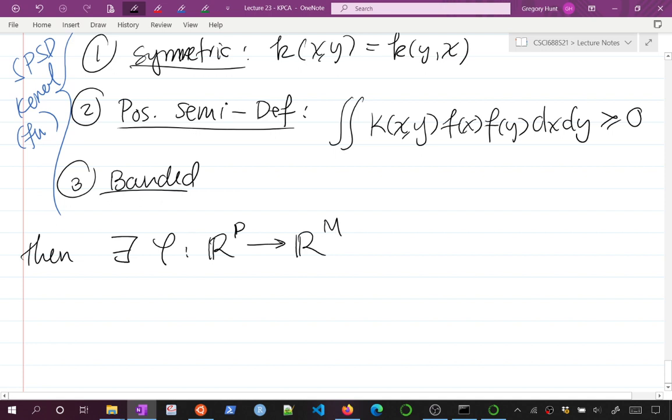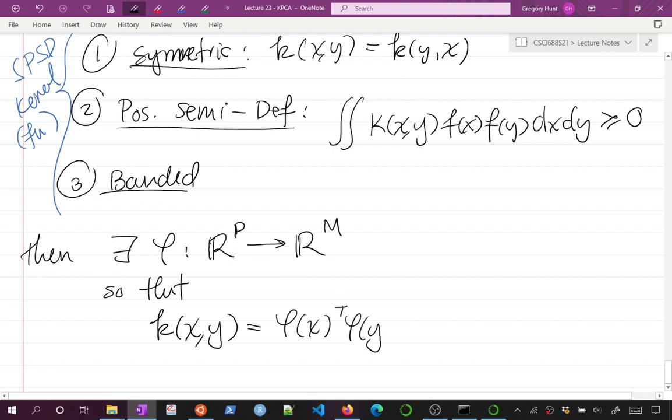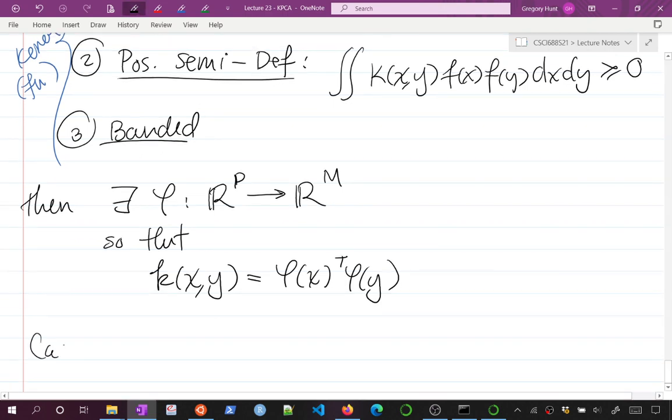I don't know what m, but some m, so that this kernel function between x and y is how you calculate the inner product in the embedded space. So the trick is, in order to do this thing, all we need to do is have some way of calculating the inner product in the embedded space. Like, you need a way of calculating inner product when you do normal PCA. You need a way of calculating the inner product in the embedded space. But the trick, the kernel trick, which is what this is called.